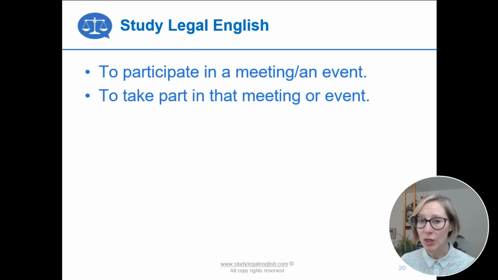I always tell my students to try to remember it in terms of, I am participating in a meeting, okay? Because if you think of that ing, maybe that will help you to remember that to participate goes with in, okay? I am participating in a meeting. To try to help you remember that preposition.